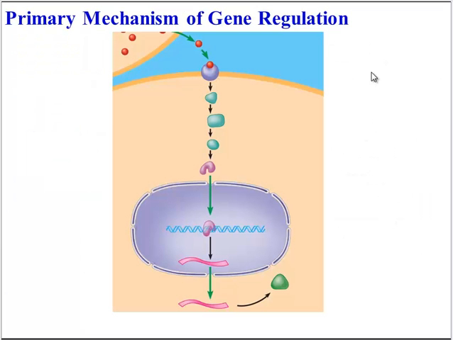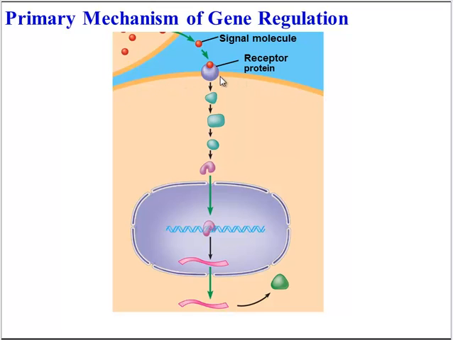So how do genes get regulated? How are they turned on and off? Well, this is a simplified mechanism for how it's done. Basically, there's a signaling molecule that's released from one cell that binds to a receptor protein in the membrane of another cell.